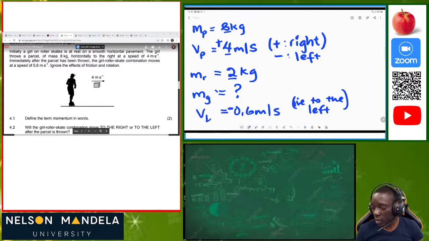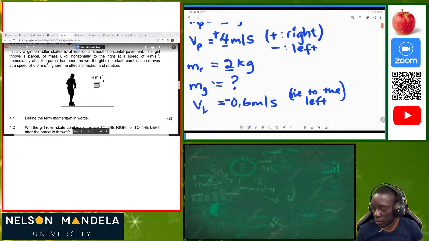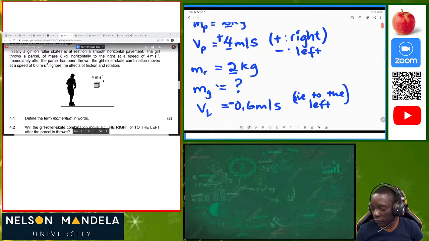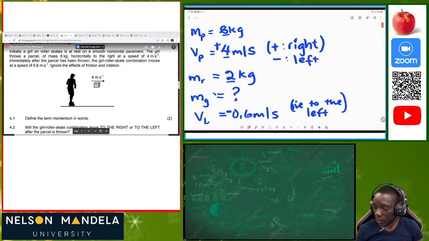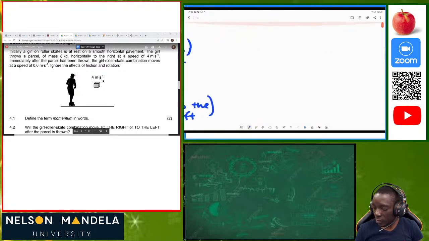The mass of the girl, we need to find that. And the velocity of the girl on roller skates is 0.6 meters per second to the left. And we said the direction to the left is negative. So that's minus 0.6 meters per second. Now, how do we find the mass of the girl?